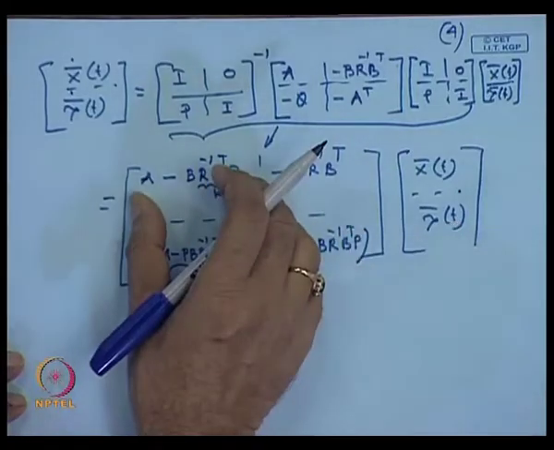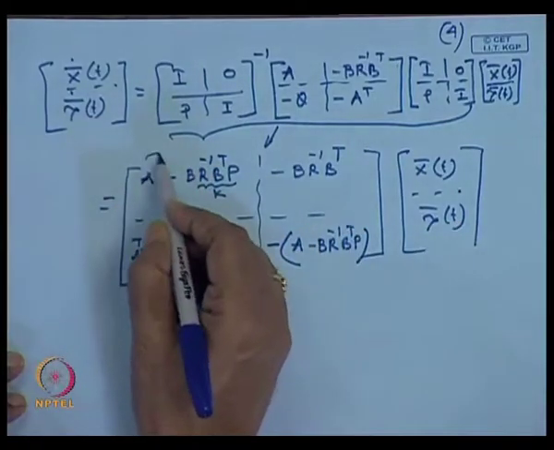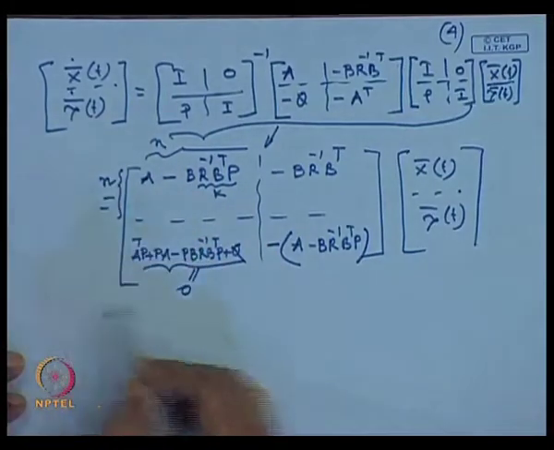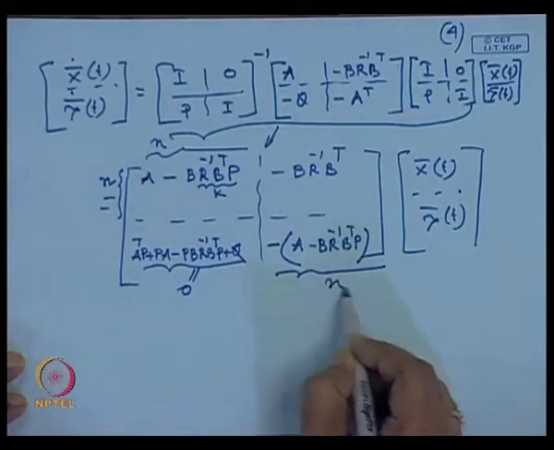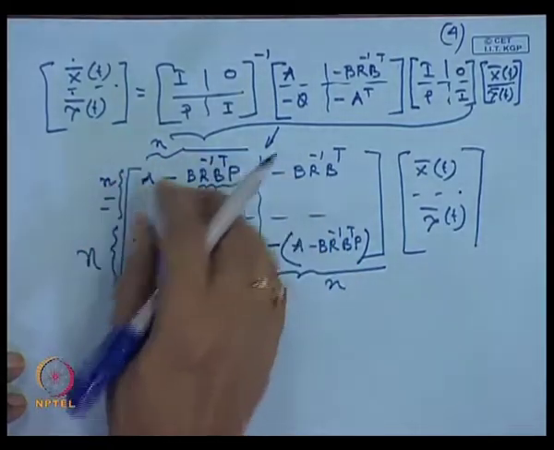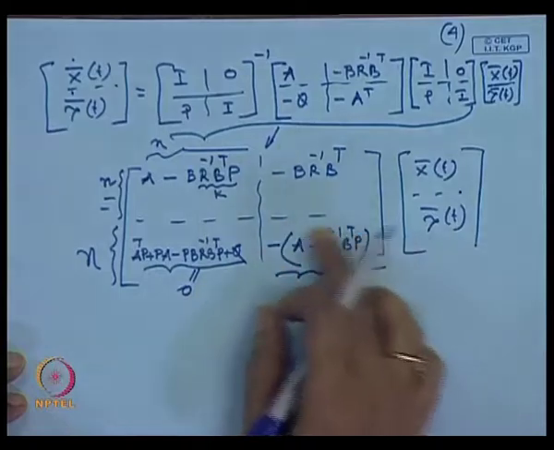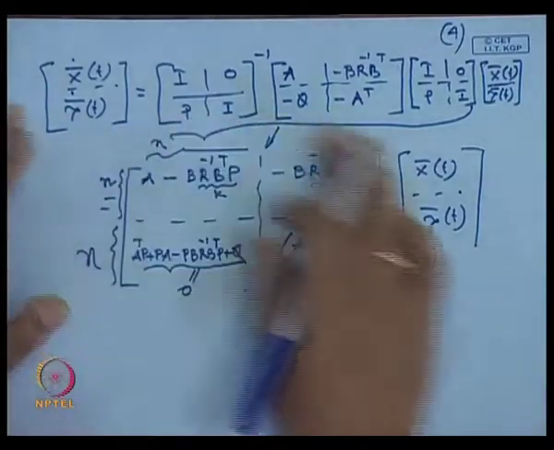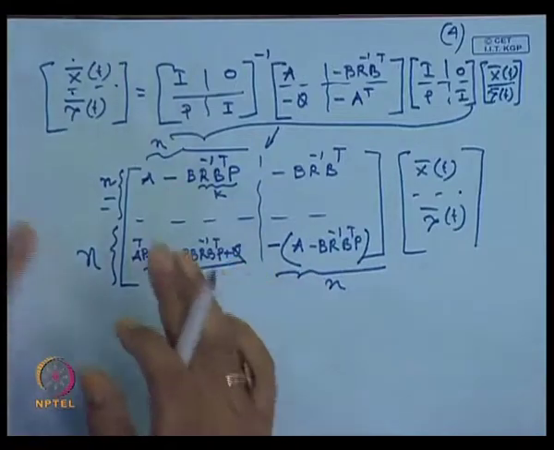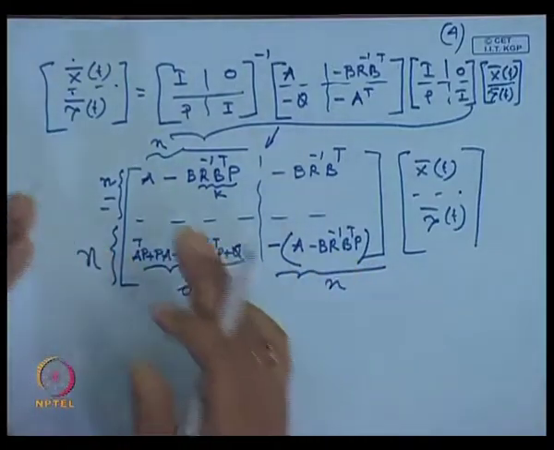So, this matrix whose dimension is n cross n, this dimension n rows, this is n columns. Similarly, this is n columns and this is the n rows. So, n eigenvalues of this block are stable and this block's eigenvalues are unstable. So, for the whole system after transformation, we know the eigenvalues do not change, only the eigenvectors change with similarity transformation.